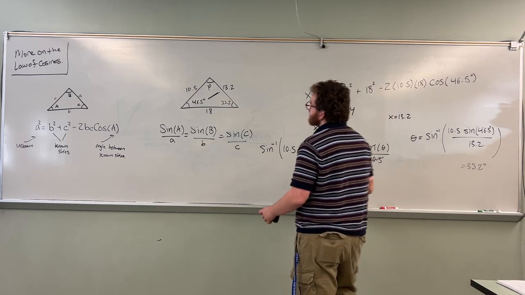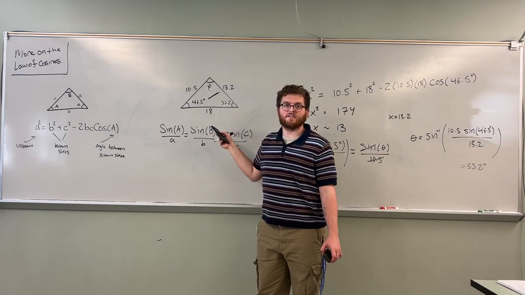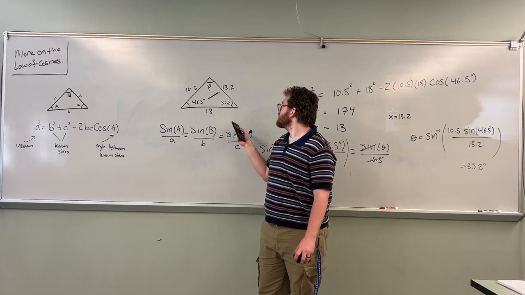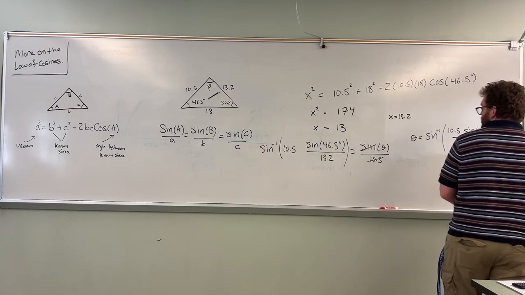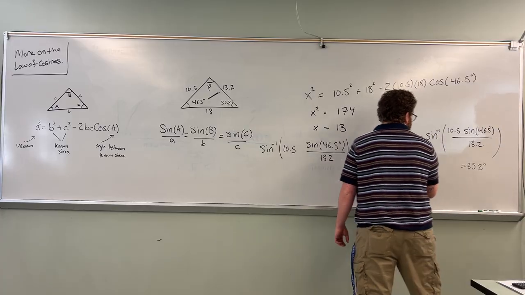Oh, I think the issue was I used 10.5 instead of 18. I should have used 18. So I think that might be where my issue came from. We'll try it. Figure that one out.